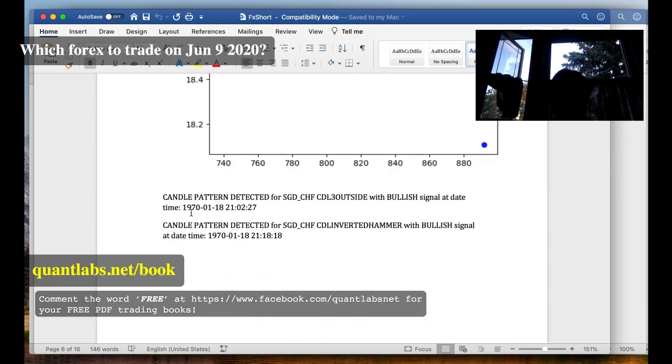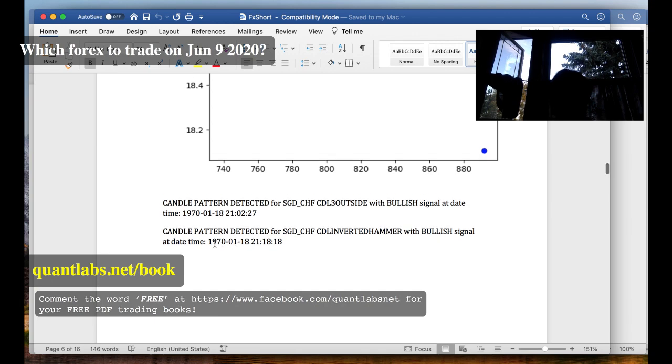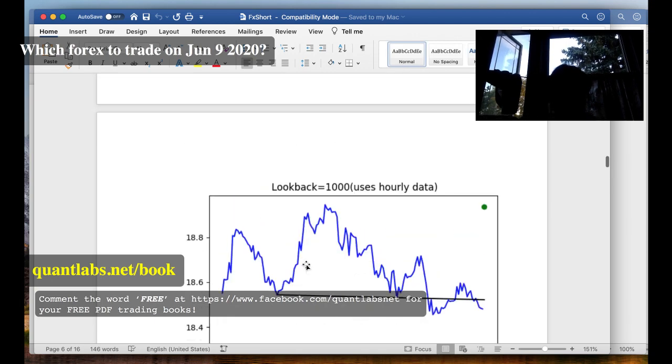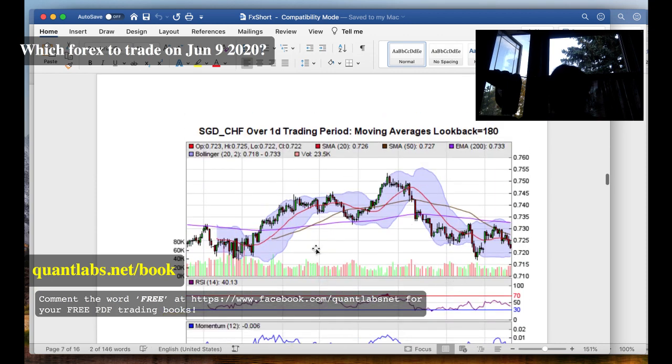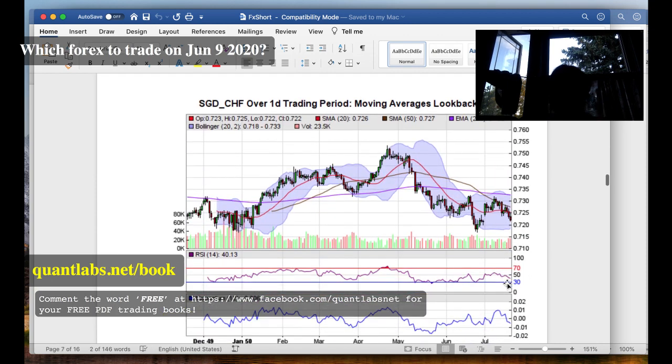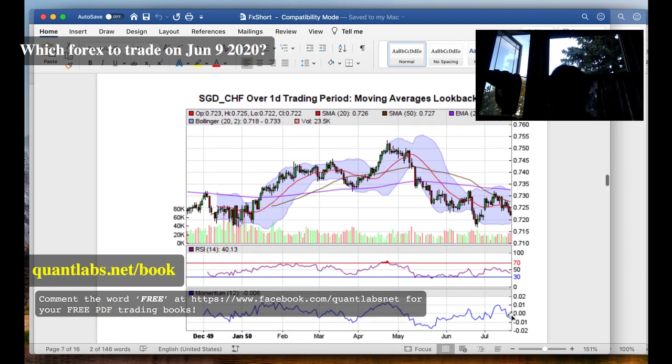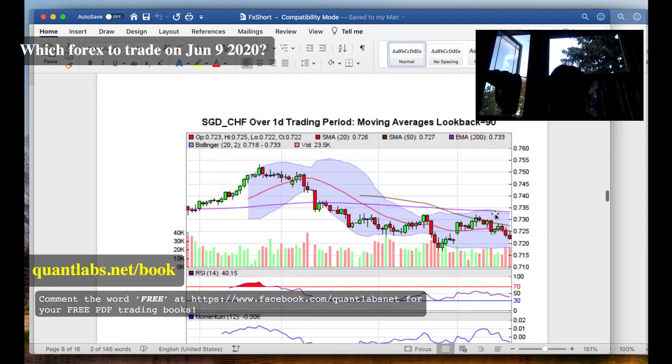Oh, here we go. We have detected bullish. So these were bullish, these are useless signals. All right, looking at this chart, it does seem to be weakening. We have negative momentum, and it is in decline.